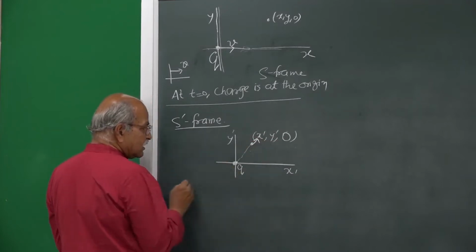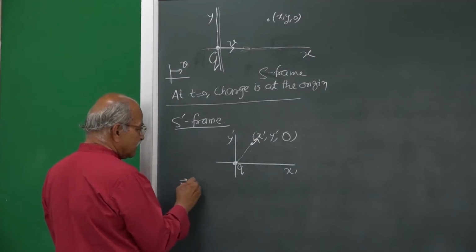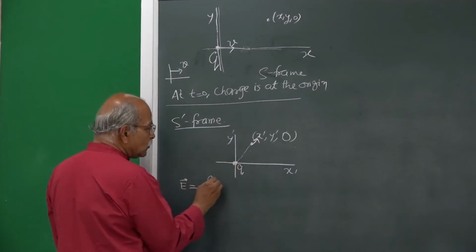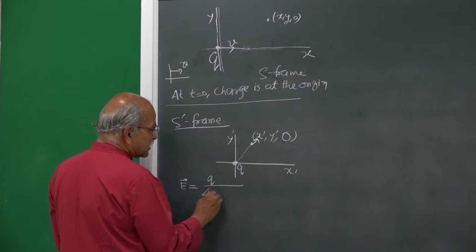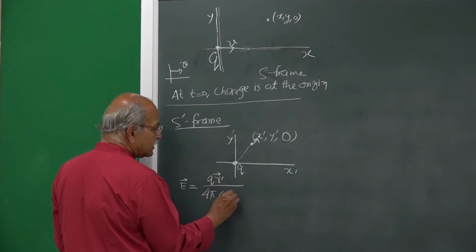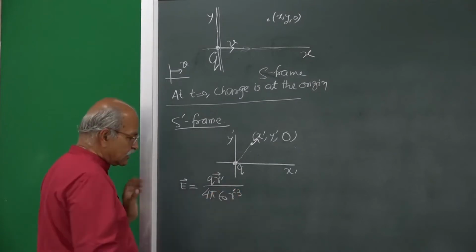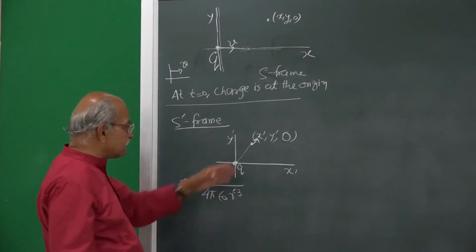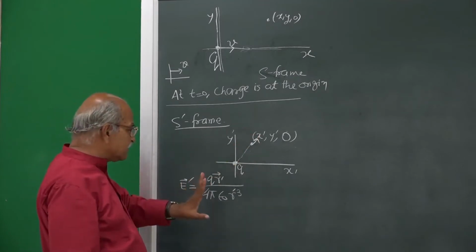in this direction, and will be given by q divided by 4 pi epsilon naught, r prime vector and then r prime cube here. So, this is the electric field here and magnetic field is 0.